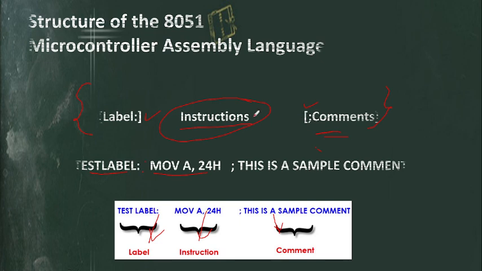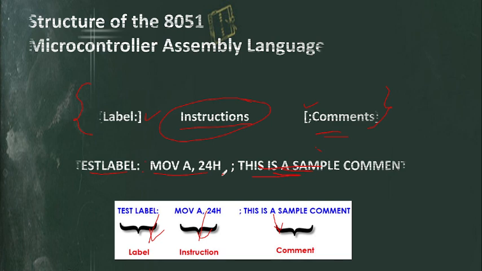Here in the comment I have just mentioned that this is a sample comment. So MOV A, #24H, what's happening here? You can write it in the comment, like the content 24 will be given to A. By just reading the comment, a person who doesn't know what is happening can also understand the instruction.